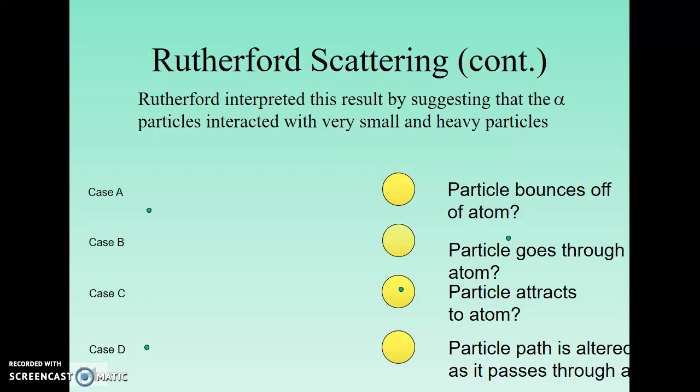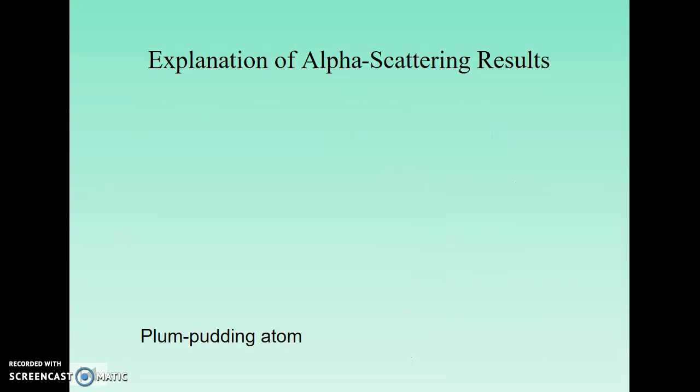If the particle attracts to the atom, what do we think then? And in case D, if the path is altered as it passes through, well, then it must again be a large positive nucleus that will cause the alpha particles to be deflected.